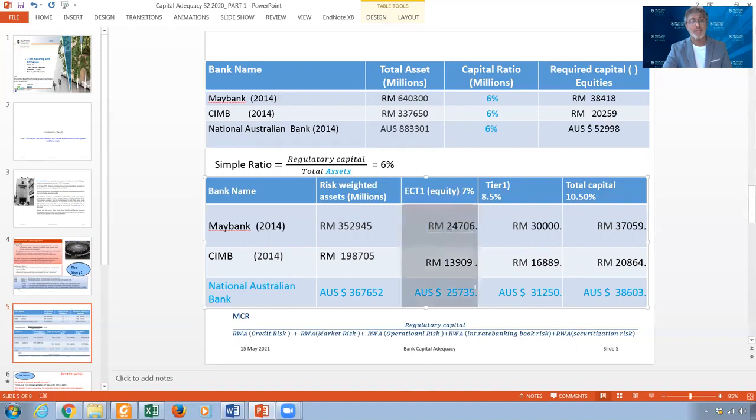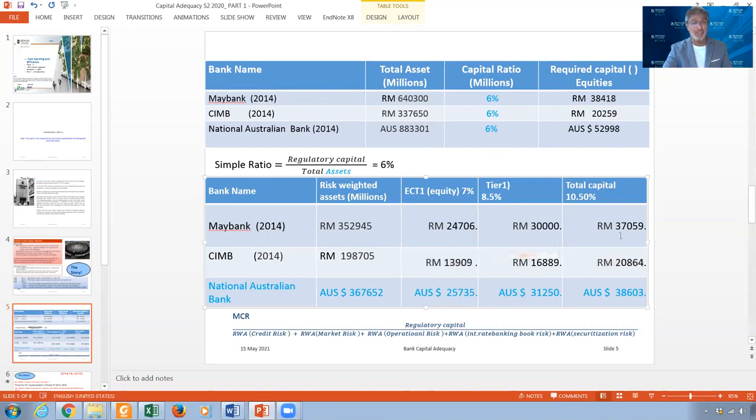And you can see now, if you take the equity or the total capital, you will find that Maybank has dropped a little bit when they introduced this. CIMB was increasing, but they were having big improvements in the equity.